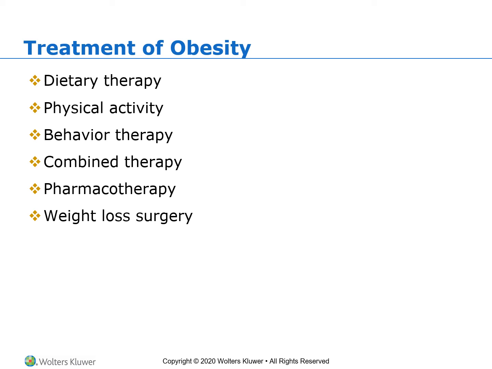Then we look at the surgical management of weight loss, called bariatric surgeries. This is only resorted to in clinically severe obesity, identified as a BMI of more than 40.